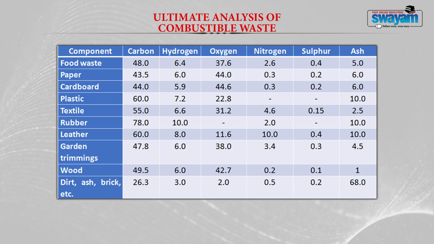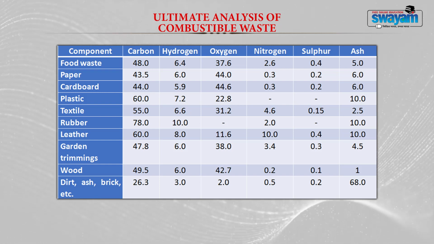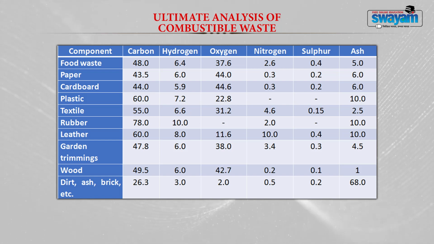If you see, food waste has 48 carbon, 6.4% hydrogen, oxygen 37.6, nitrogen 2.6, sulfur 0.4, ash 5. So, if you take food waste as an example, what would be the energy content of food waste?